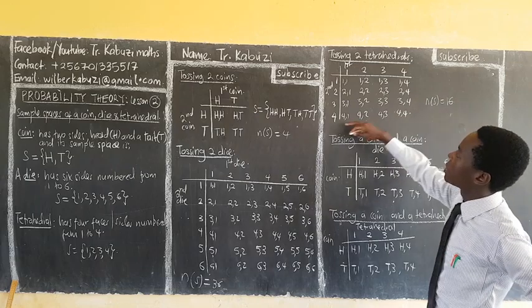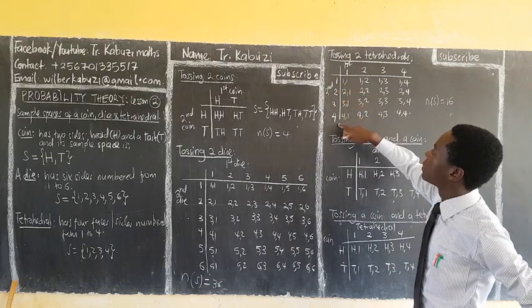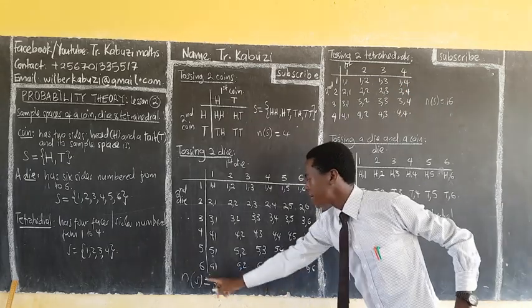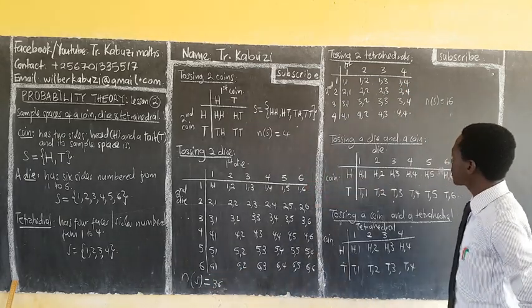Or you can just multiply: if the numbers are from 1 to 6, you get 6 times 6, which is 36.